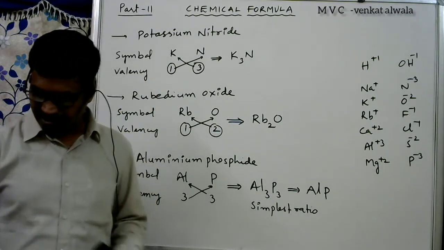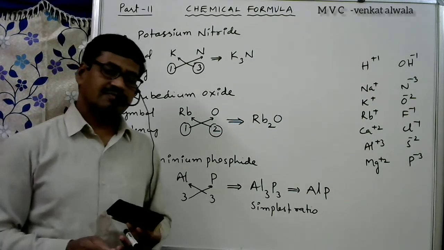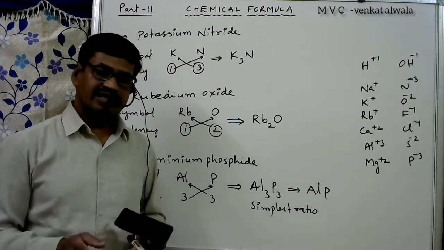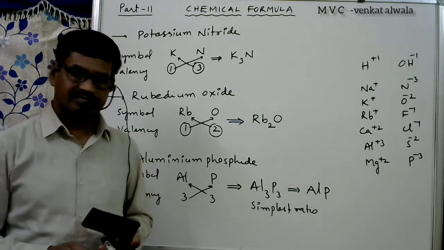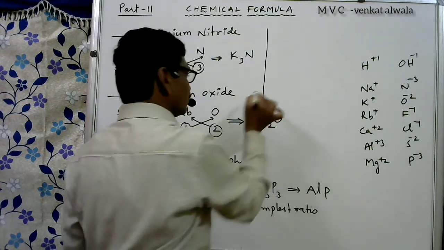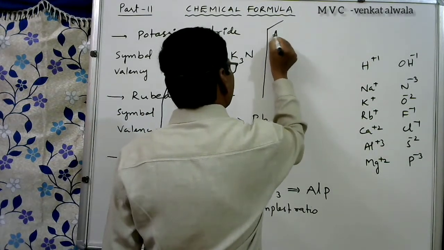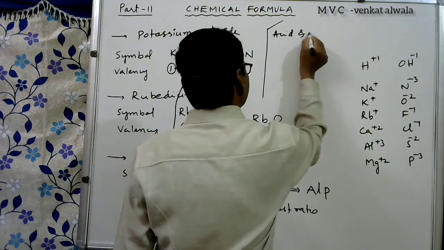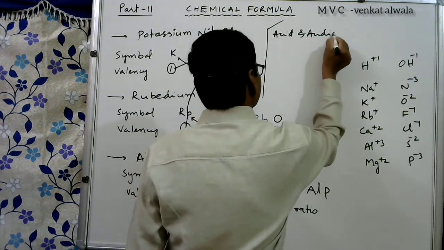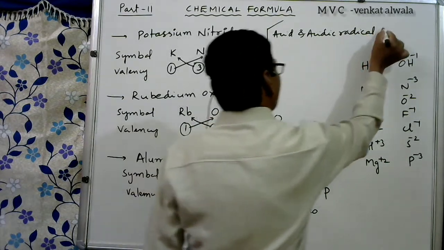Many formulas. So, in the next sessions, what we'll do is first we'll write compound ions, acidic radicals. In the next class, not now. Today, I'll conclude here only. In the next class, what we'll discuss, I'm writing here: acids and acidic radicals, that means anions.